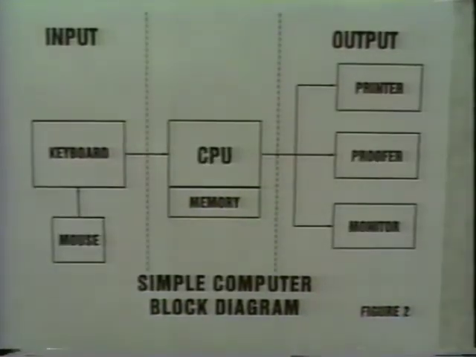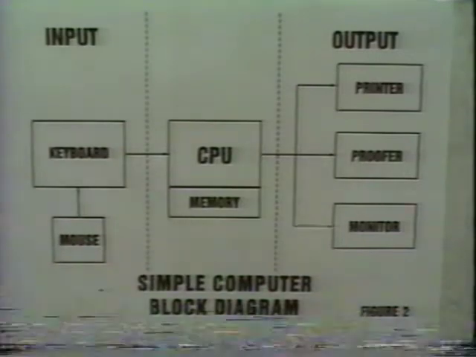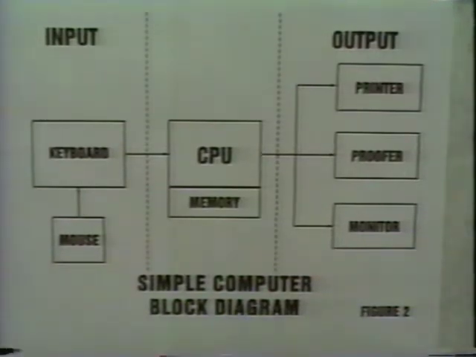As we can see here in Figure 2, the simple computer block diagram has the same three basic parts: input, CPU, and an output. As we can see on the computer diagram, there's an additional mouse to the keyboard as an input device, and multiple output devices: a printer, a proofer, and a monitor.